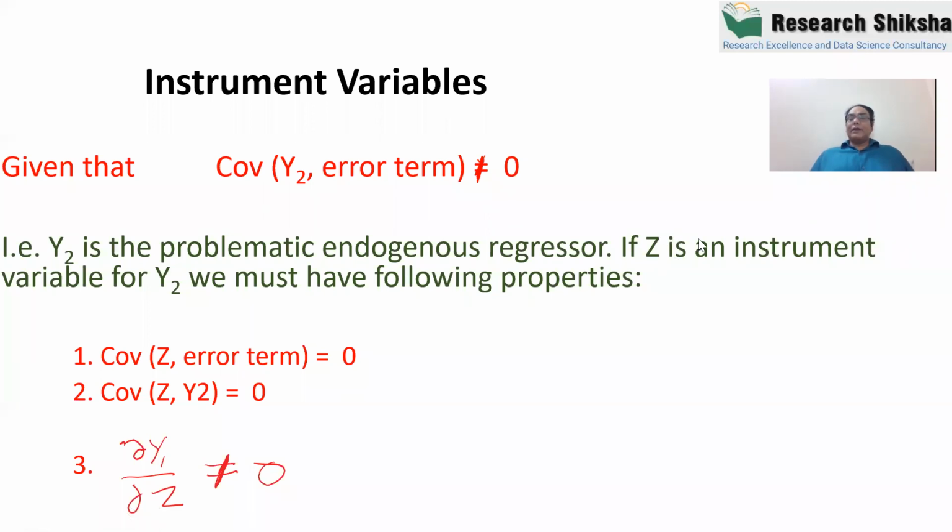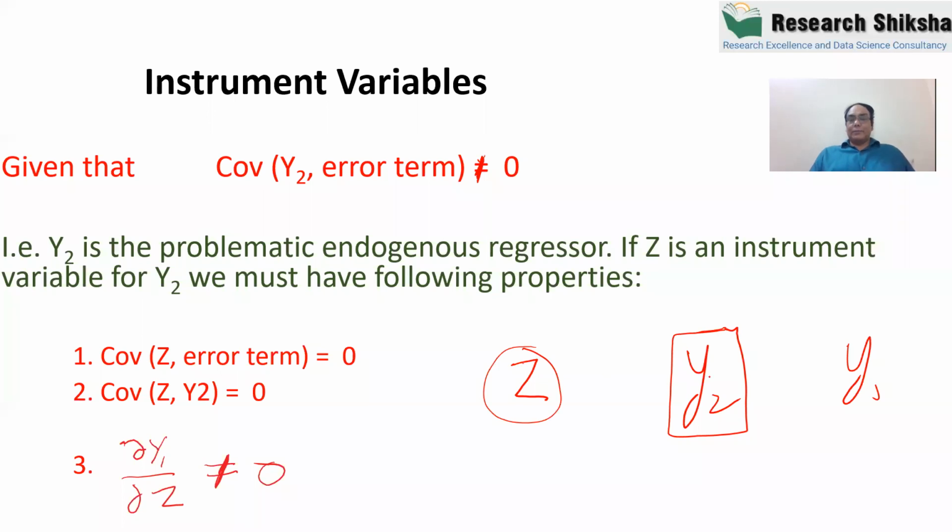In other words, I am telling you one thing. This z variable has one property: the chain is z, y2 and y1. So y2 is actually the complete mediating variable between z and y1. This is one of the conditions for z to act as an instrument variable.